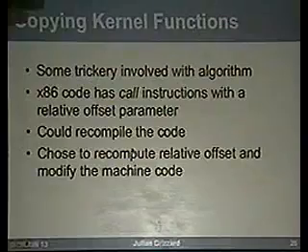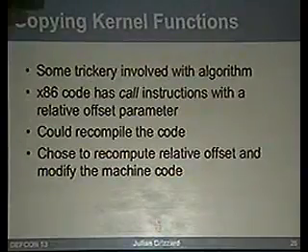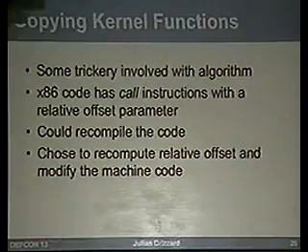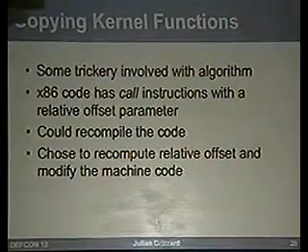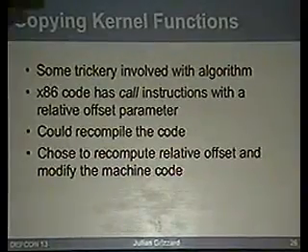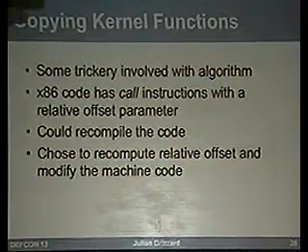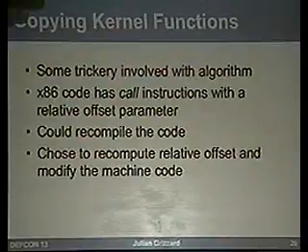Okay, I just want to give you guys some details, it's not quite that simple. You can't just copy stuff over. When you copy code around in memory, x86 code has these call instructions with relative offset parameters. So you have to adjust them, basically relink them into the kernel. You could recompile the code if you know where it's going to be loaded, but I chose just to recompute those relative offsets as I was inserting each system call into memory.